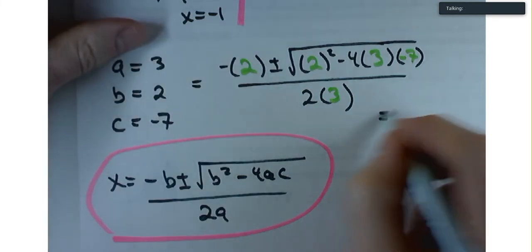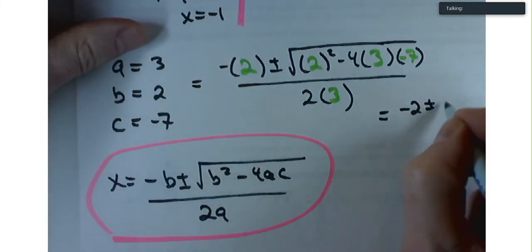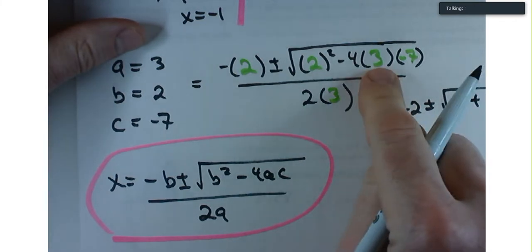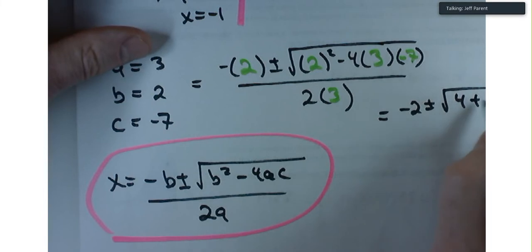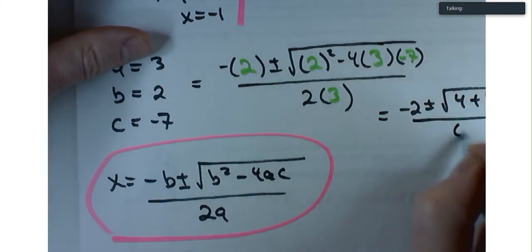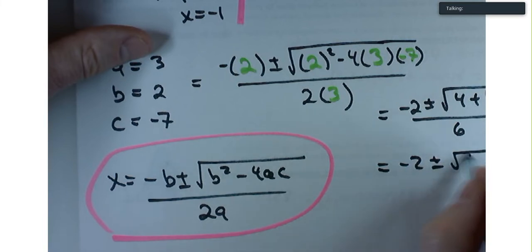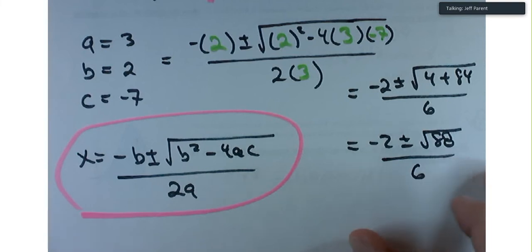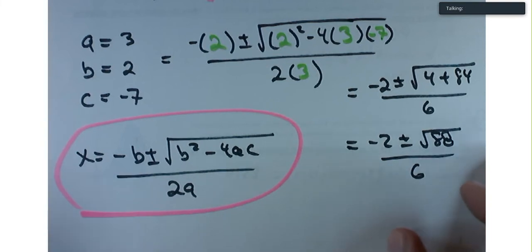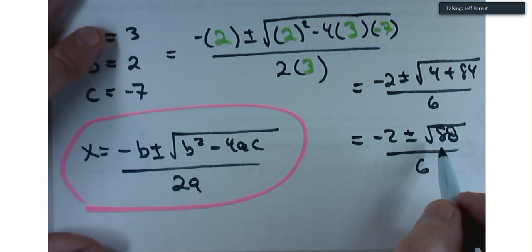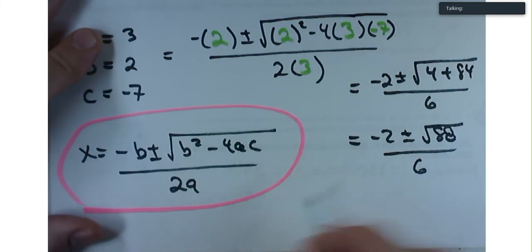Well, that's going to be negative 2 plus or minus the square root of 4 plus 12 times 7 is going to be what, 84? 84 over 6, negative 2 plus or minus the square root of 88 over 6. I'm thinking that WebAssign will probably accept that, although honestly, let's see, 4 goes in there 22 times, yeah.